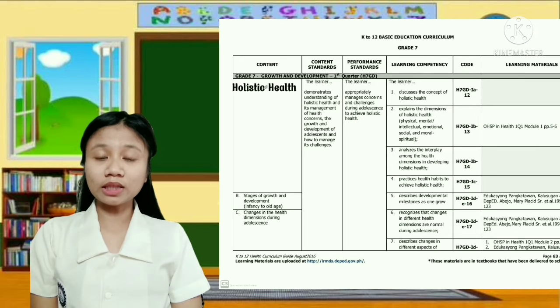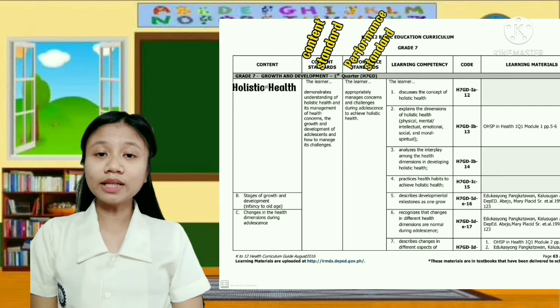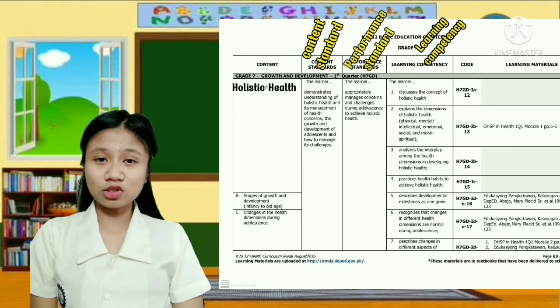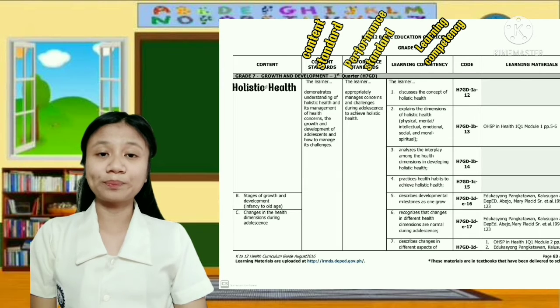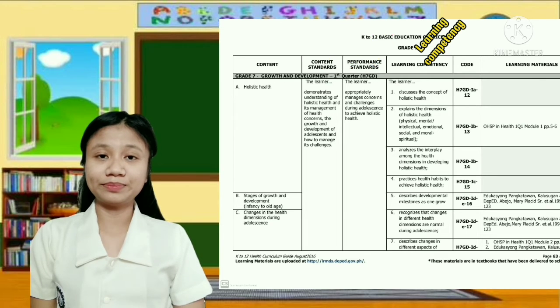So, makikita natin dito yung content standard, performance standard, and learning competencies dito sa curriculum guide. Yung learning competencies mo is dapat kung saan malapit sa lesson mo, which is ito yon. And yung code din is nakalagay din dito sa curriculum guide.